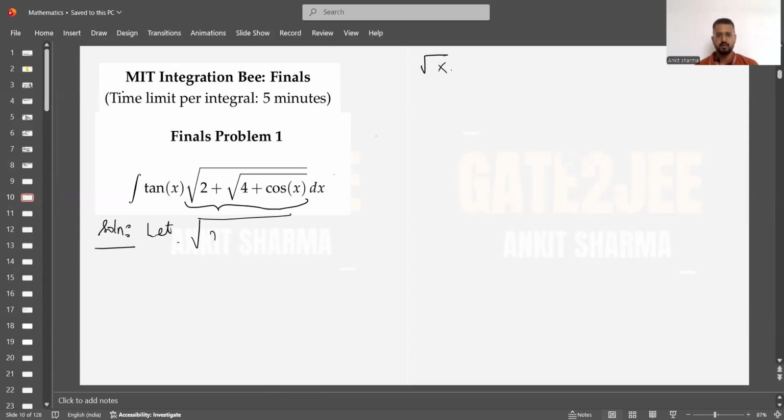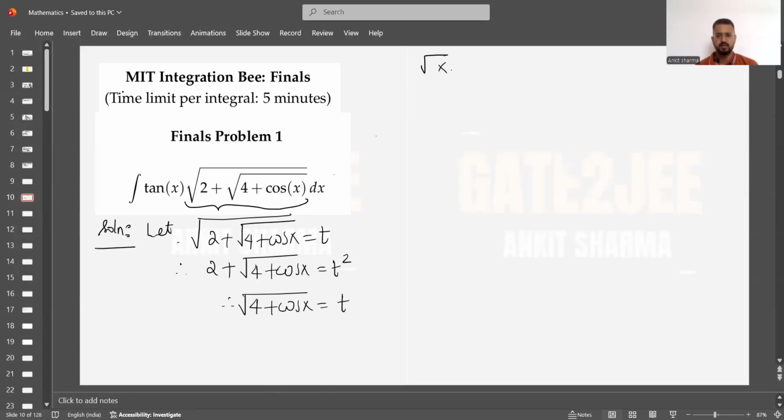square root of 2 plus square root of 4 plus cos x is equal to t. So in the next step, I'm going to get 2 plus square root of 4 plus cos x is equal to t square. So after this, we get here 4 plus cos x is equal to t square minus 2. Now let's again square this.